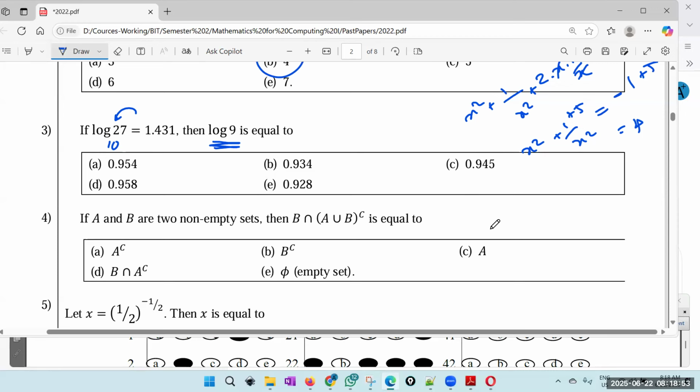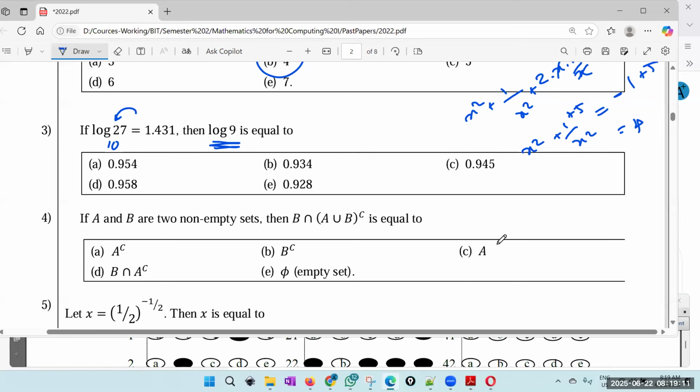Excuse me, sir. Yes. I took 27 as 3 to the power 3 and 9 as 3 to the power 2, without considering the base.